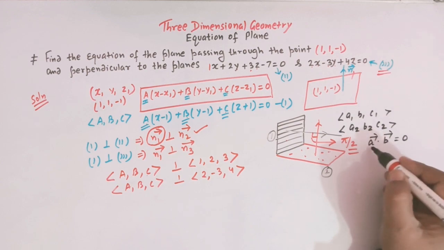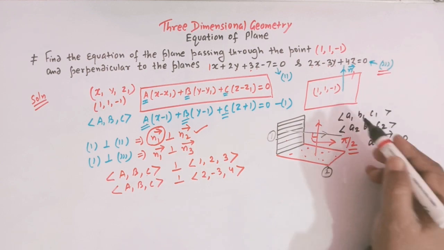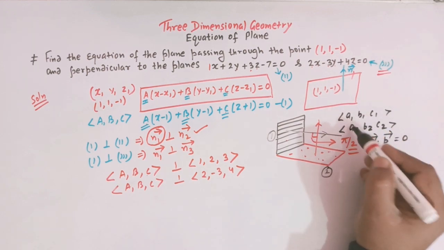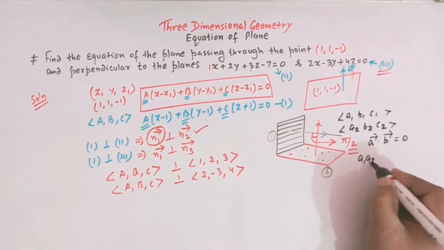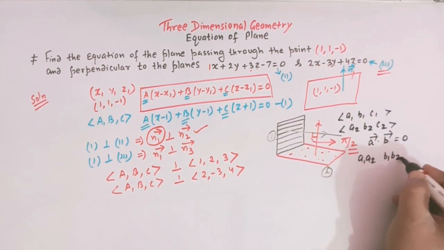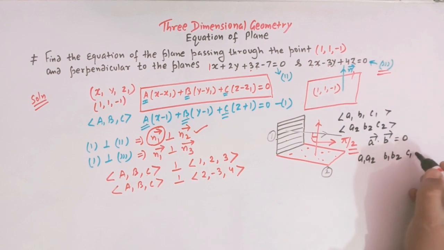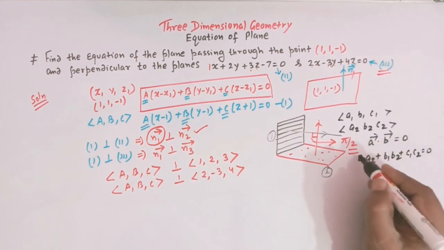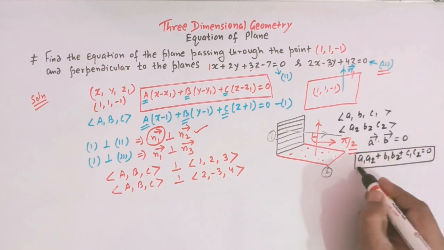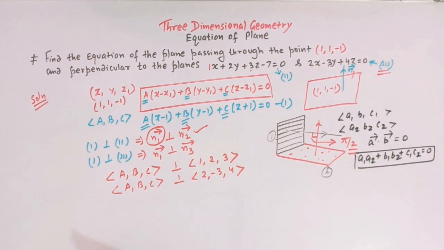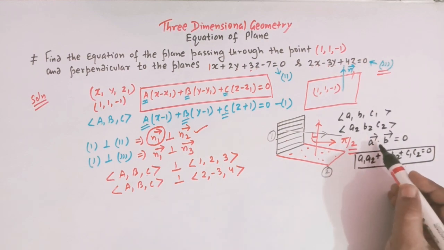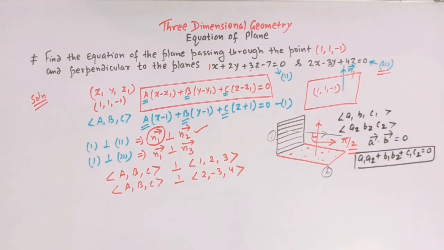So the condition is that we multiply a1 a2, then b1 b2, and then c1 c2, and then we add them, and this is equal to 0. Their dot product must vanish when the two vectors are perpendicular.